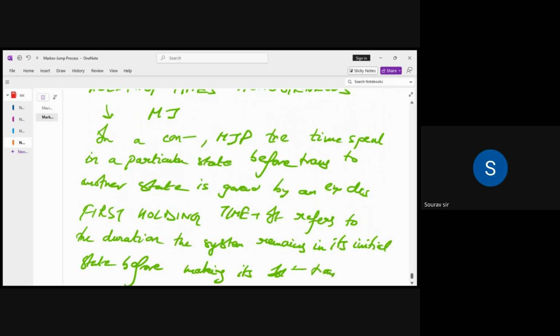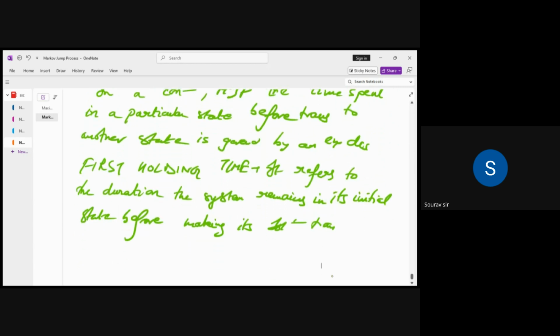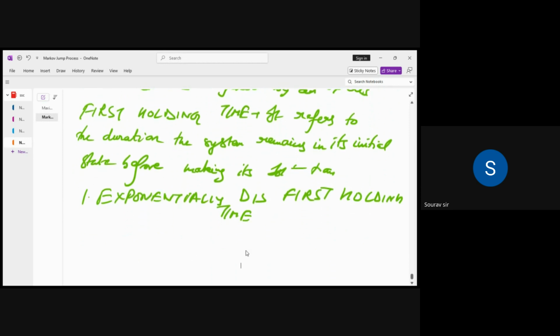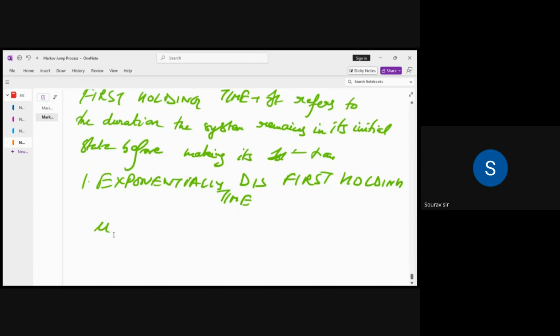So if I consider an exponentially distributed first holding time, then for a Markov jump process, if you have the transition rate which I have already defined, mu_ij, that means the holding time in state i before transitioning is an exponential random variable.